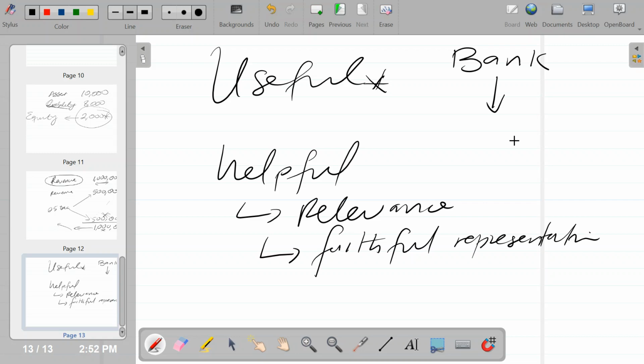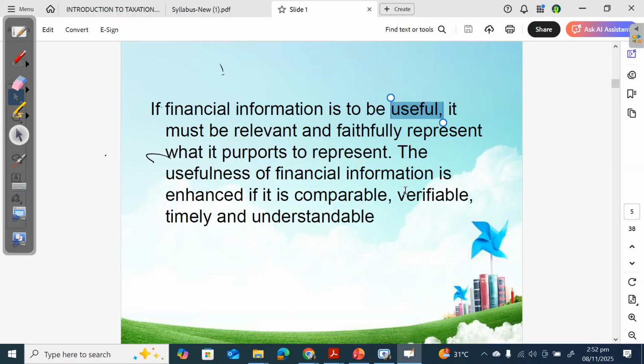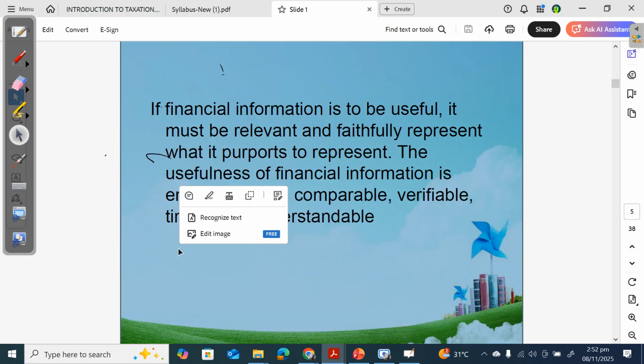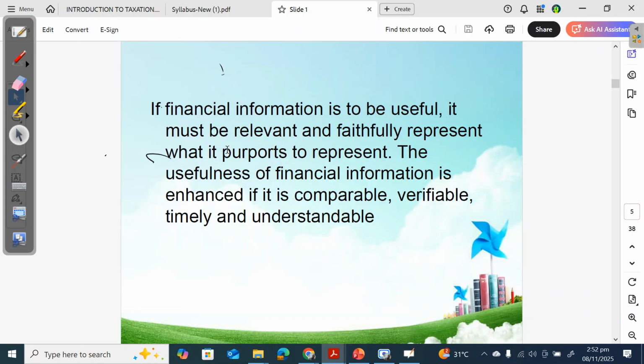So they also have certain relevant information they will look out for. So every stakeholder has the relevant information they need. For you to have a useful financial report, we need relevant information and faithful representation.